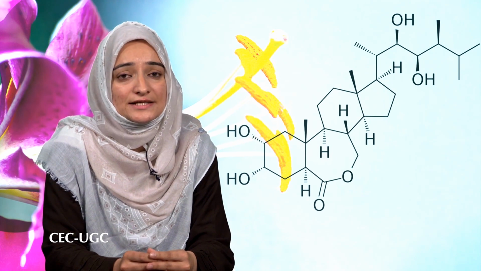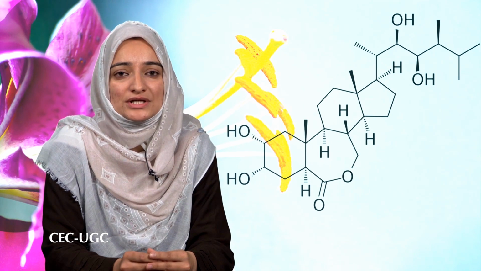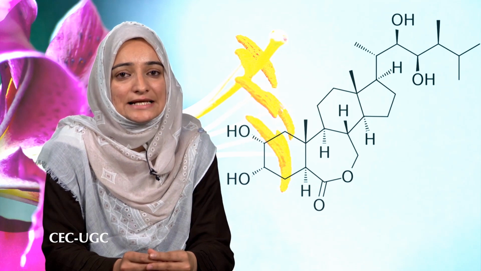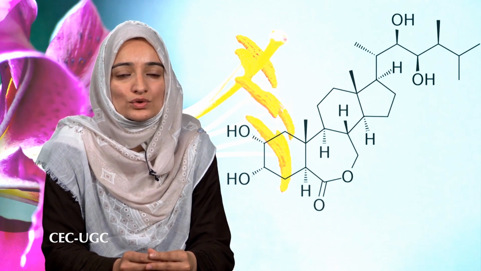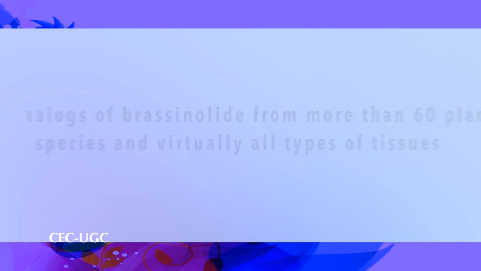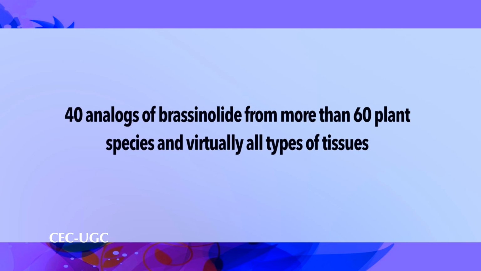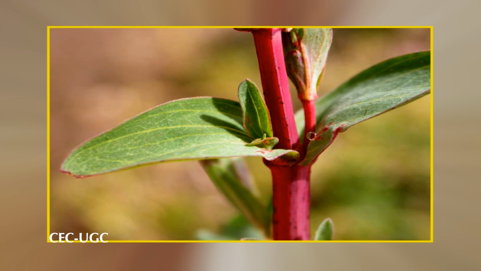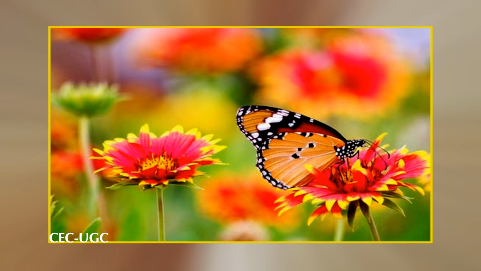Since then, extensive studies on isolation and identification of brassinolide and its related compounds from various sources have resulted in the isolation of more than 40 analogues of brassinolide from more than 60 plant species and virtually all types of tissues including pollen, seeds, leaves, stems, roots and flowers.